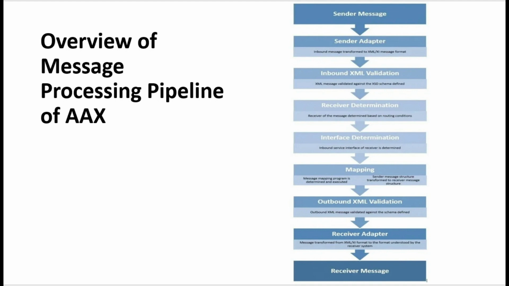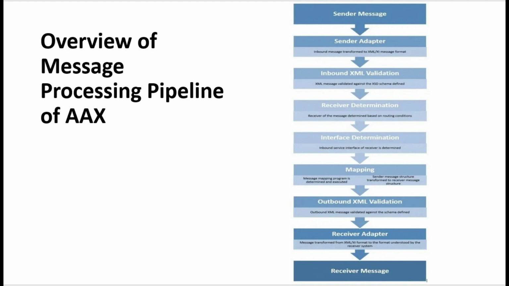sequence below. Sender adapter processing, then inbound XML validation, receiver determination, interface determination, message mapping, outbound XML validation, and receiver adapter processing. So all these steps are there. You see here from the sender message till the receiver message.